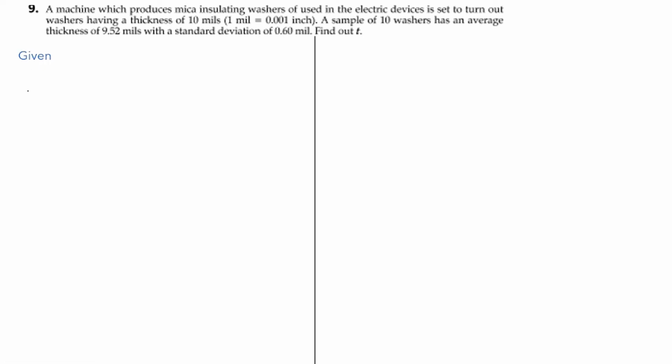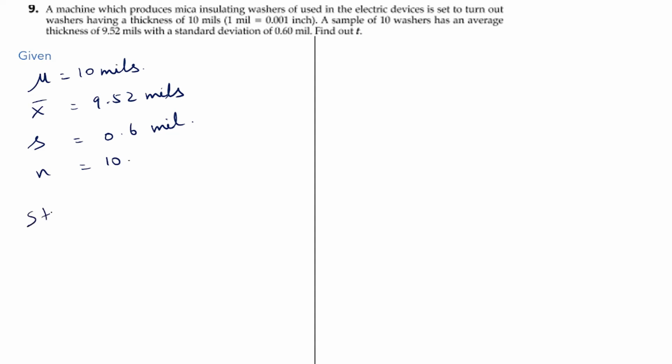So given mu is equal to 10 mils, x bar is equal to 9.52 mils, and the sample standard deviation is 0.6 mils. N is 10. We need to find T. Students T statistic. Here they have only asked T, so let us find T alone.